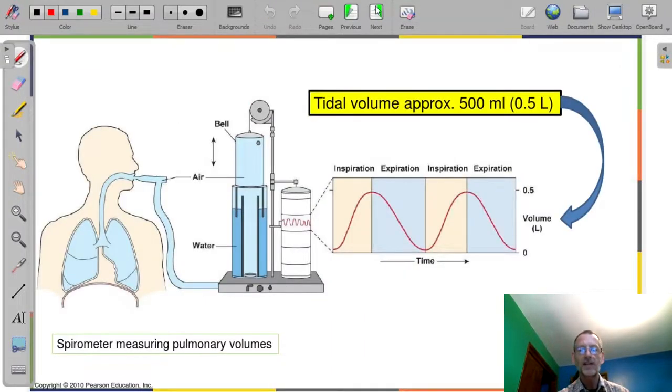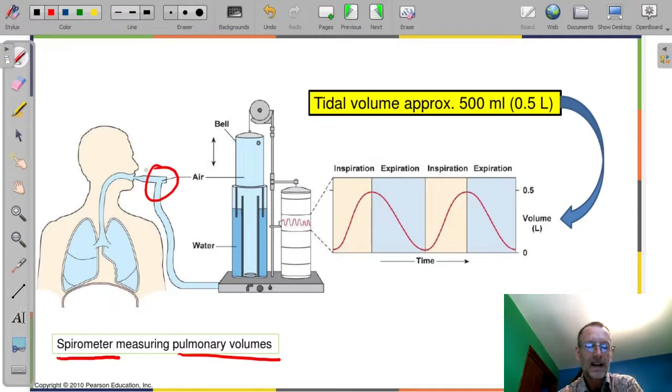The next figure is looking at a spirometer to measure lung volumes. So this is a spirometer machine, and it measures pulmonary volumes. There are different types of spirometers. We have one in the lab. It's a little bit simpler than this, but the idea is the same. Patient breathes into and out of a hose, and then that goes to a machine that registers the volume of air moved.